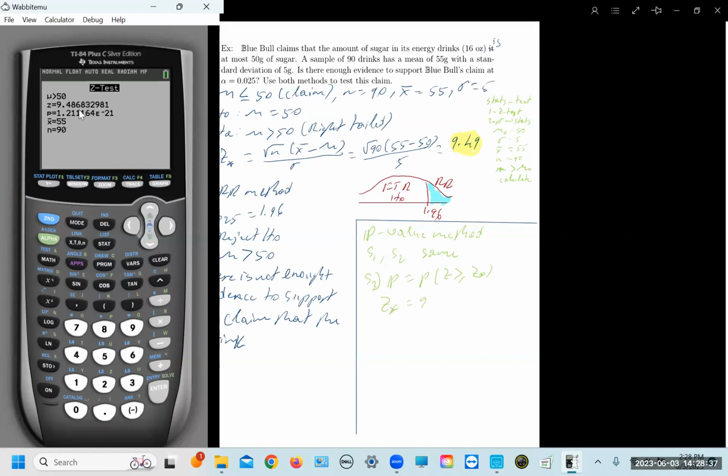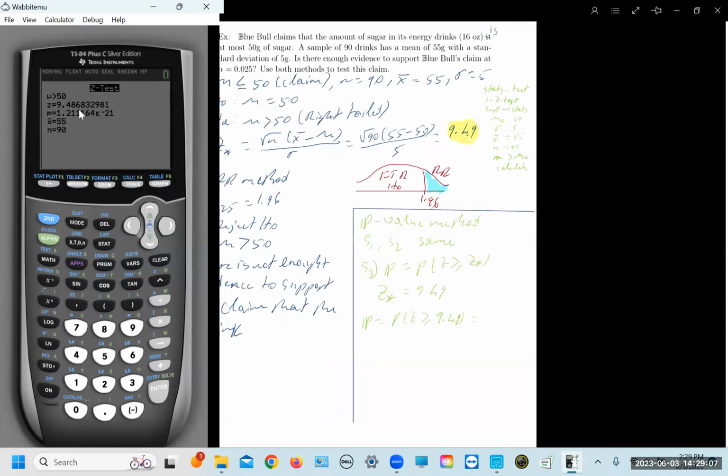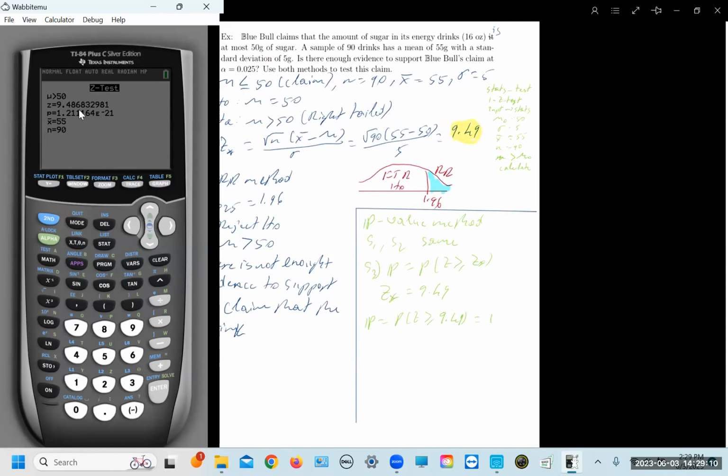So we have already 9.49. So P of Z greater than 9.49, which we got 1.17 e to the minus 21, something.